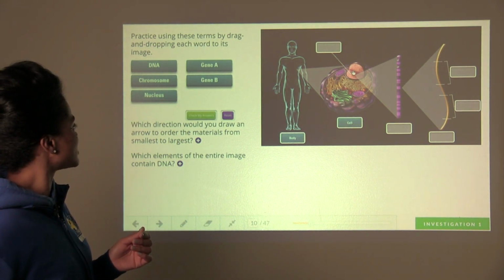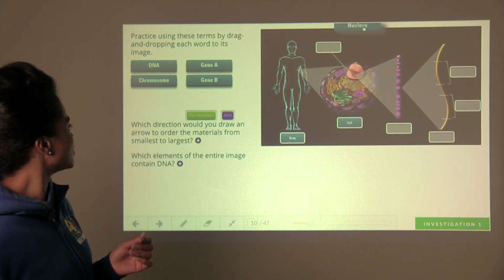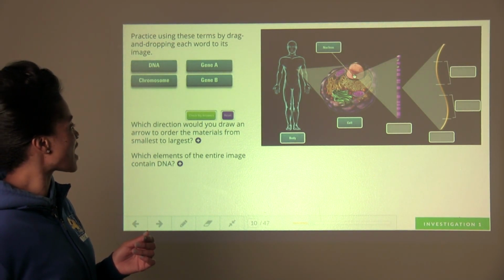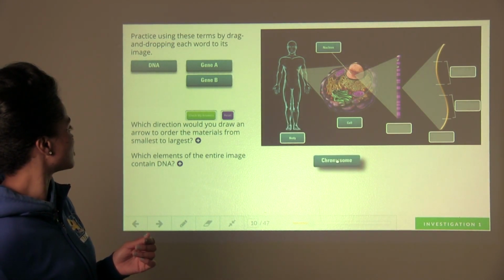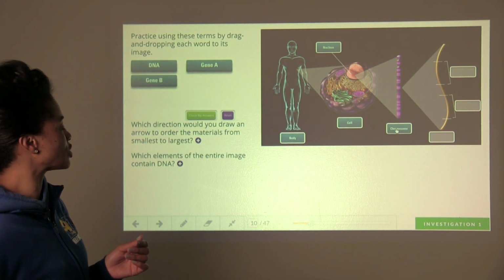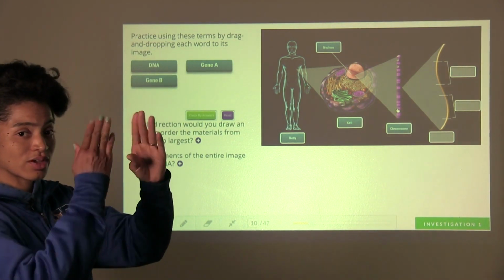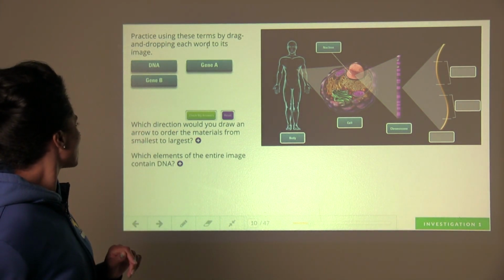And then inside of the cell, we would have the nucleus, okay? Inside of the nucleus, we would have chromosome right here, okay? And that was represented with the green X looking pieces in the previous image.